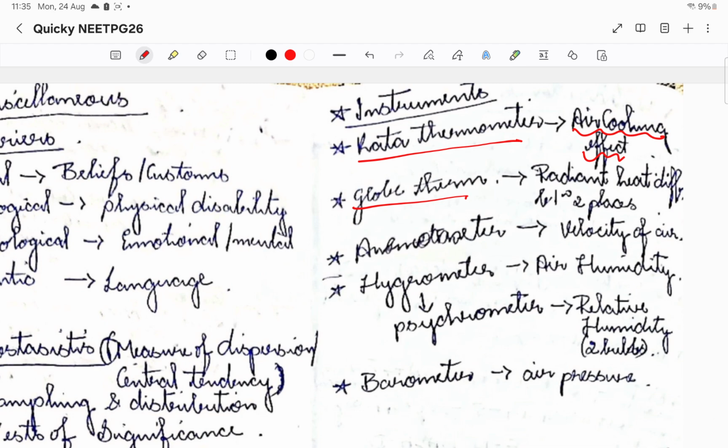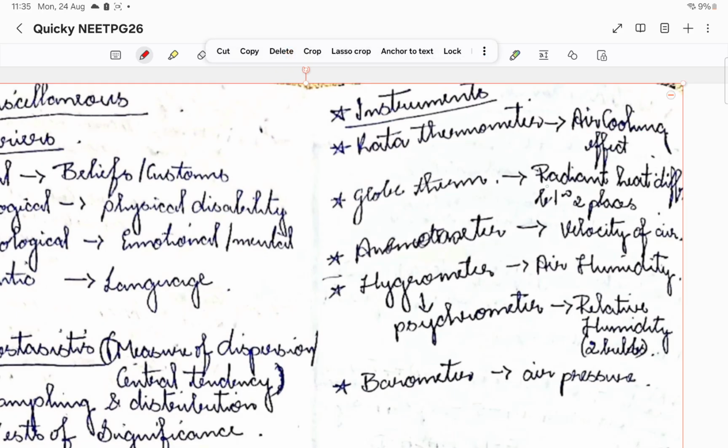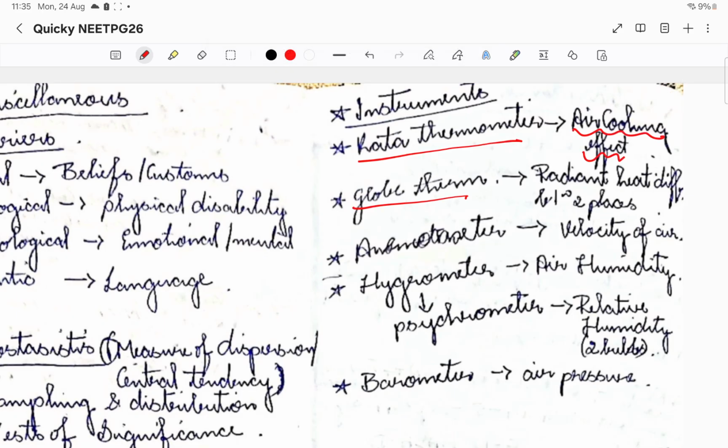Kata thermometer, globe, all these meters, please go and see an image. Image based questions are what they are asking. Then the globe thermometer measures the radiant heat difference between two places, like inside a room and outside the room, to tell whether ventilation is there or not. That is where the globe thermometer comes in.